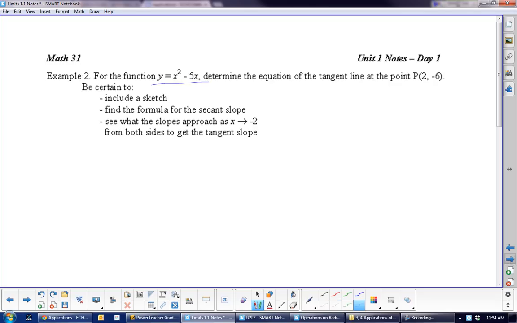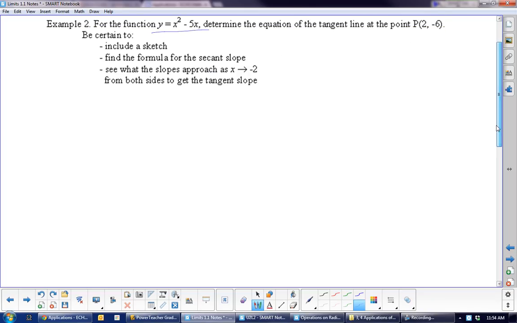x squared minus 5x. So, what is x squared minus 5x? What's it going to look like? Okay, so just to get a visual here, what would the zeros be?